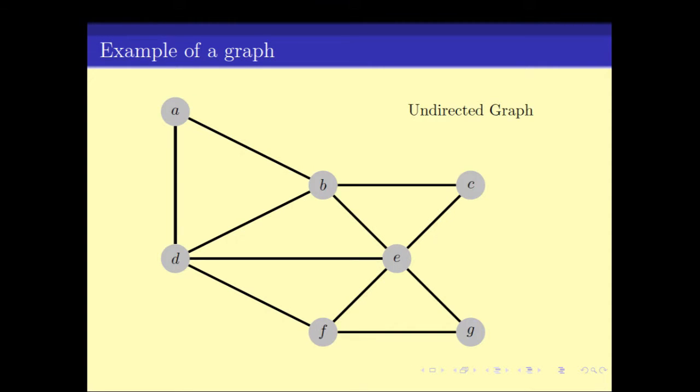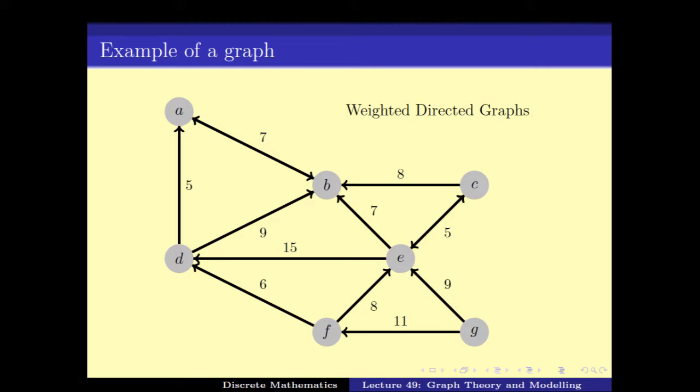The edges between them are drawn by lines that join the two vertices which they are supposed to represent. We can have weights on the edges. We can also have direction on the edges if the original binary relation is not symmetric.